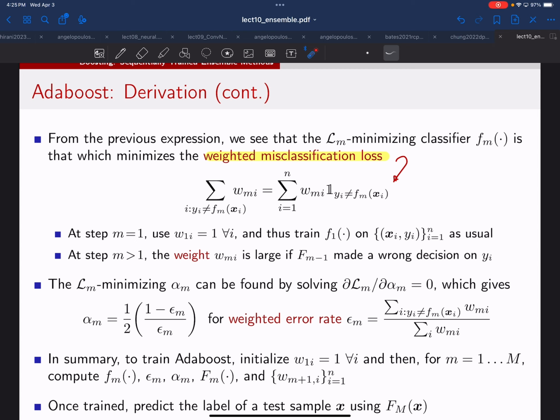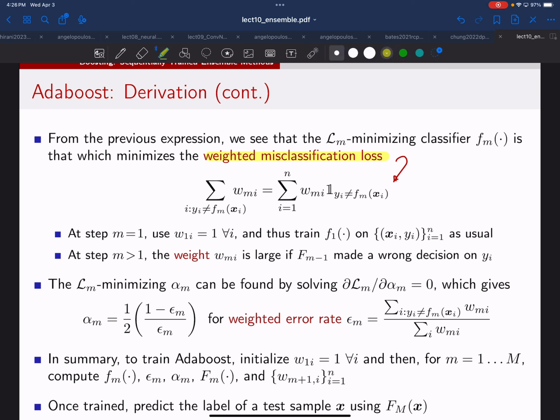You're actually going to be minimizing the error rate, but you'll be weighting the samples where the first stage gave an error on. So those samples will be weighted larger in the next stage. Okay, so that's the idea, and so that's how we train fm.